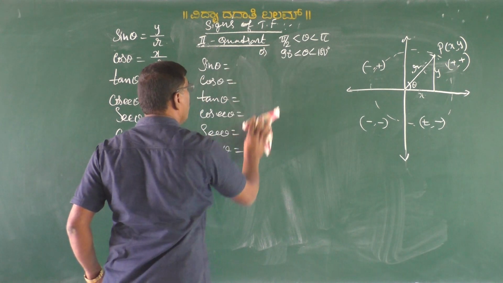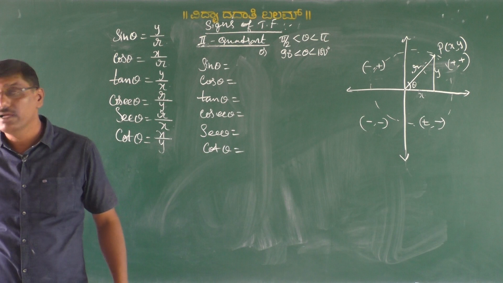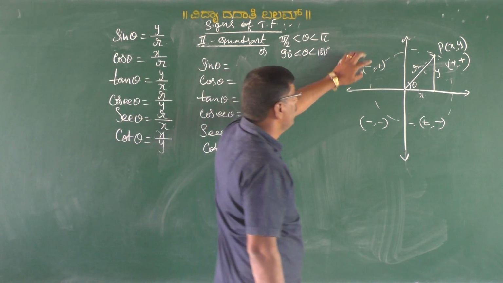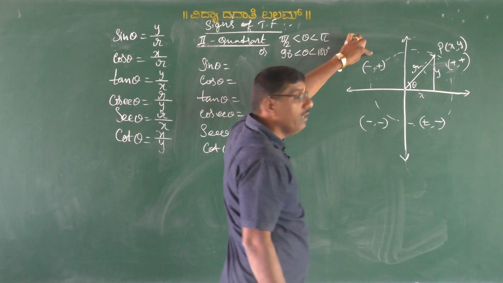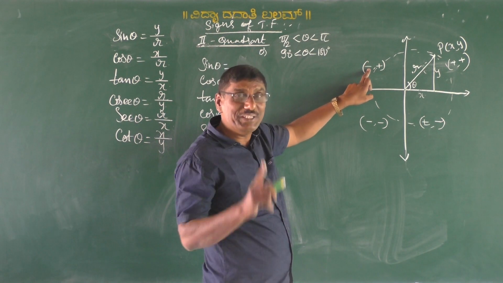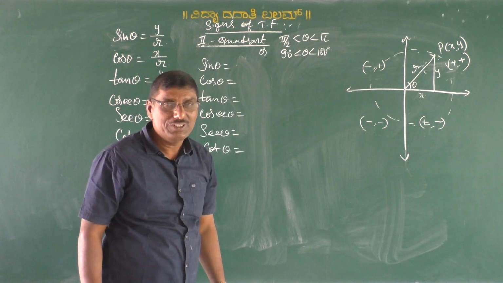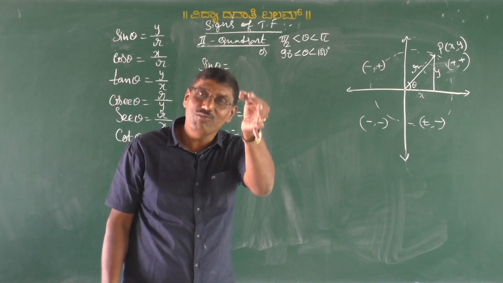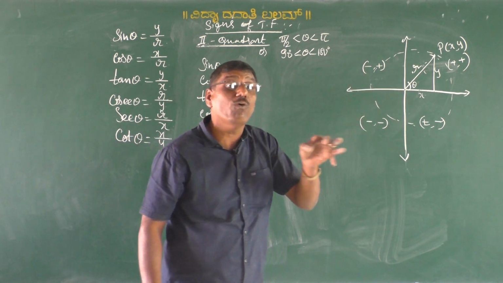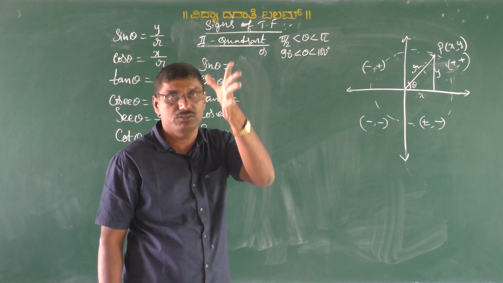The 6 trigonometric functions can be expressed with their signs. See here, if I consider the point P here, x is negative, y is positive, isn't it? r is always positive, in any quadrant, that is the radius.